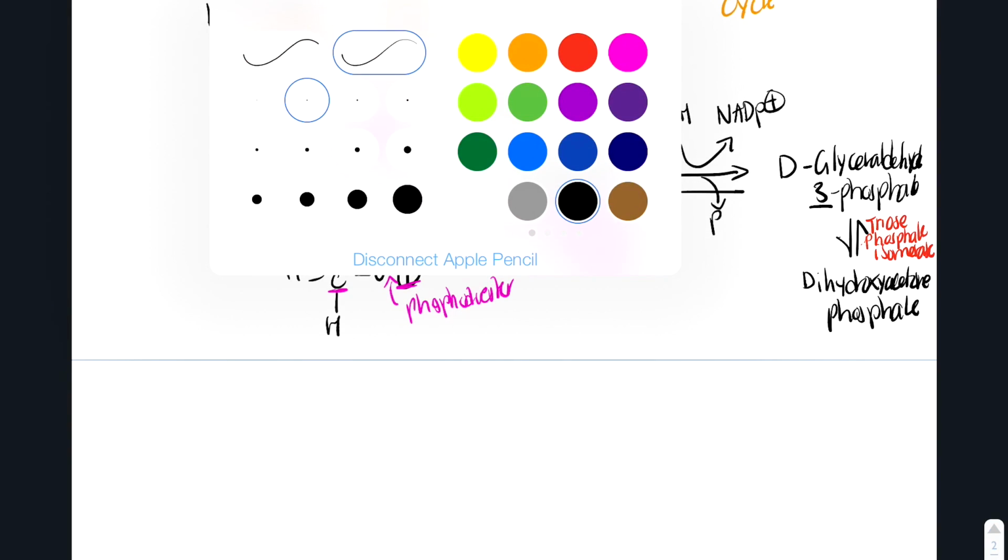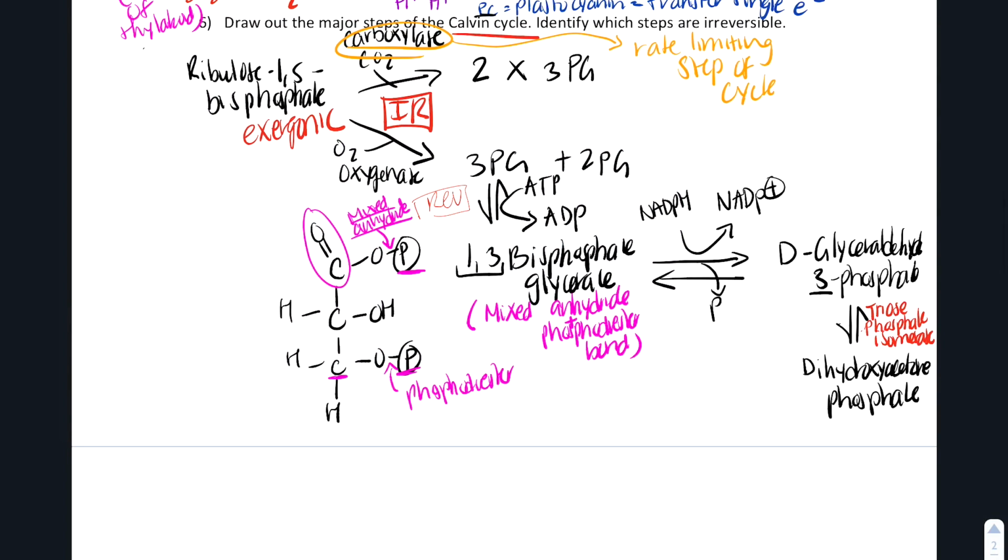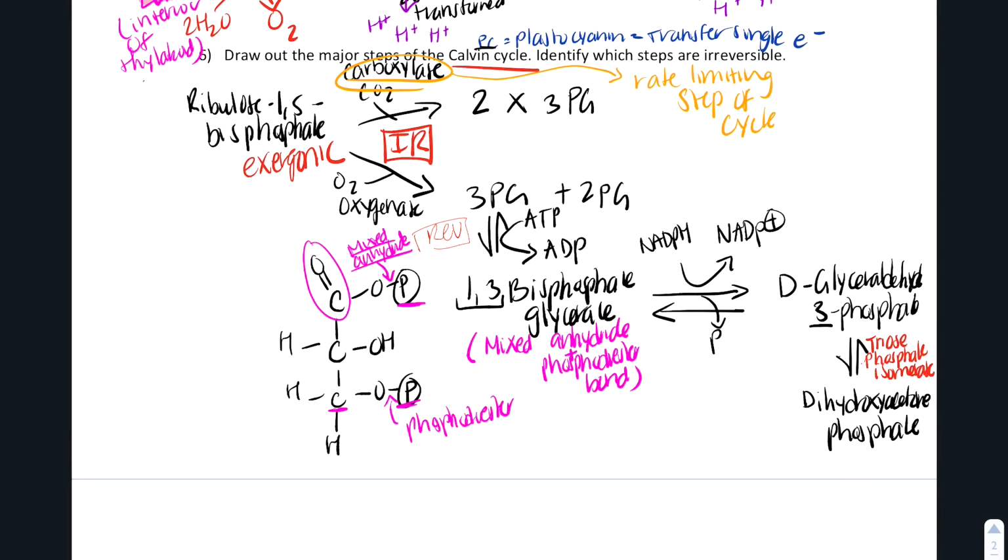Okay, so before we move on, I just want to note a couple of important processes. Let me highlight the products so that it looks a little cleaner. Okay, and then I'm just going to add in the enzymes in green. So here you're adding a phosphate, so you're going to need some type of kinase enzyme, and for this reversible step, it's called phosphoglycerate kinase.